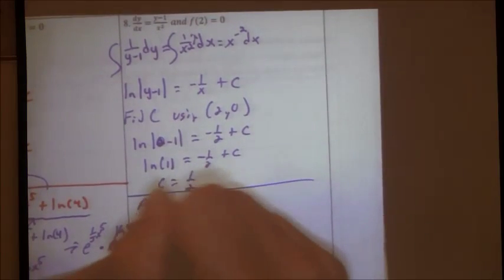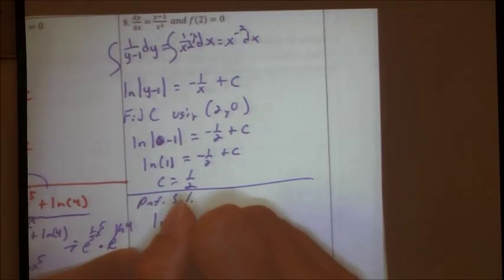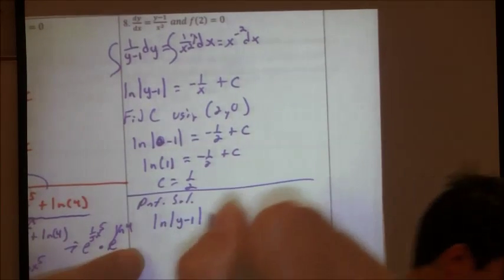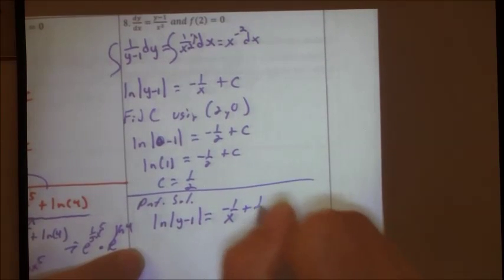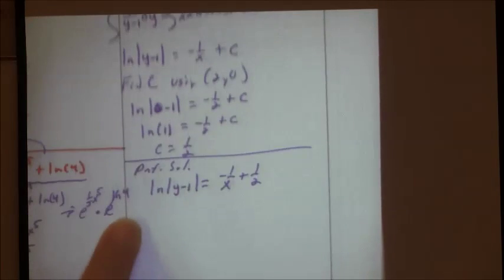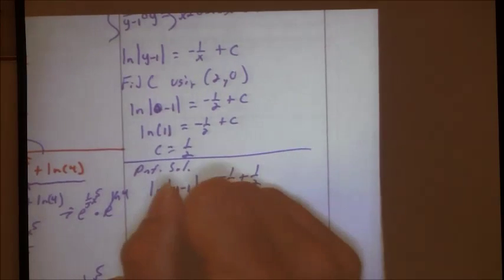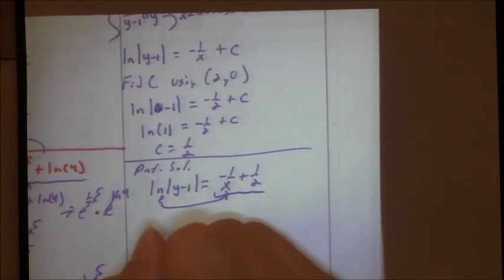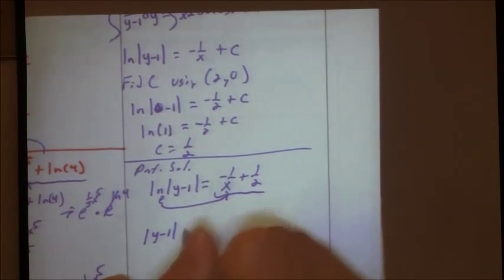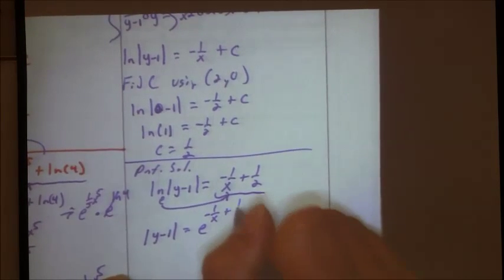Now we need our particular solution. So we've got ln of the absolute value of y minus 1 is equal to negative 1 over x plus 1 half. How do we pull that absolute value of y minus 1 out? Rewrite it, right? So we're going to have absolute value of y minus 1 is equal to e to the negative 1 over x plus 1 over 2.